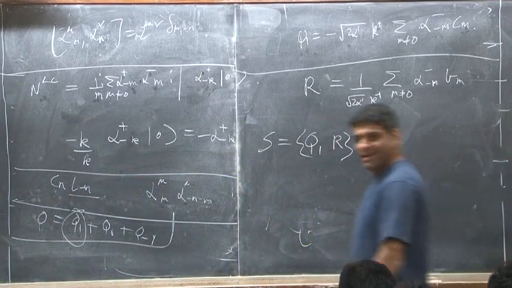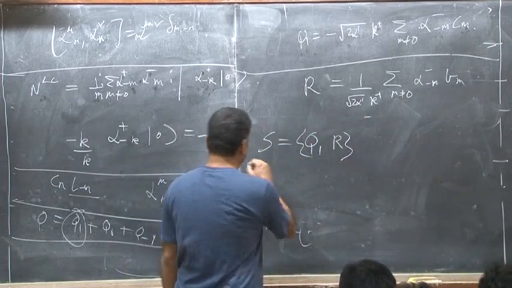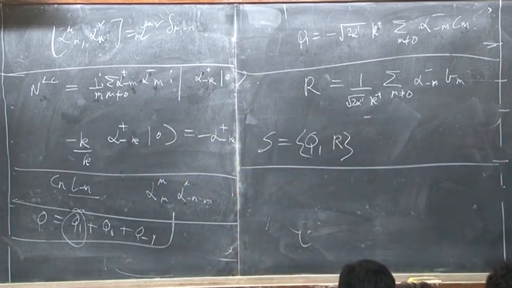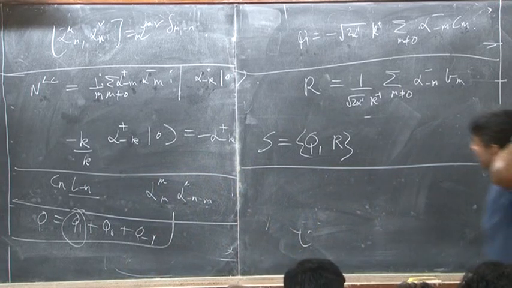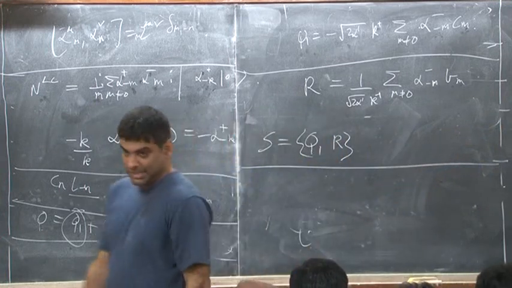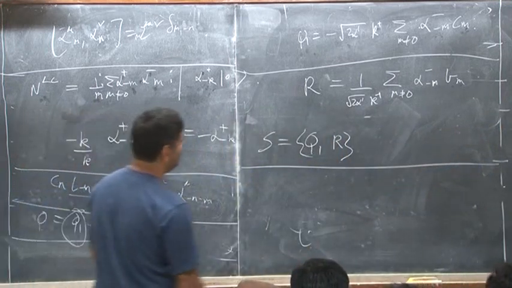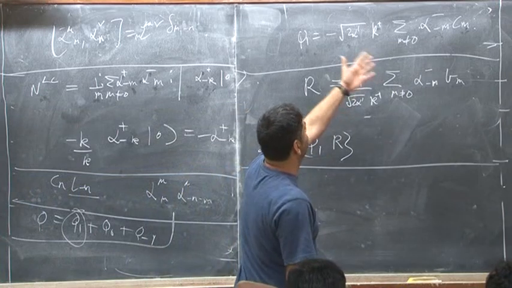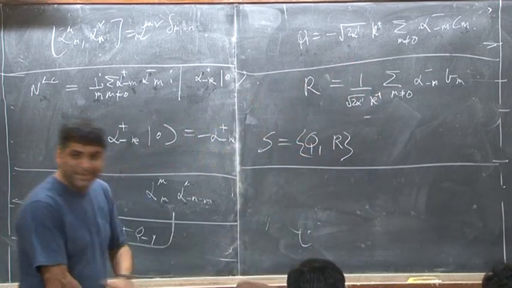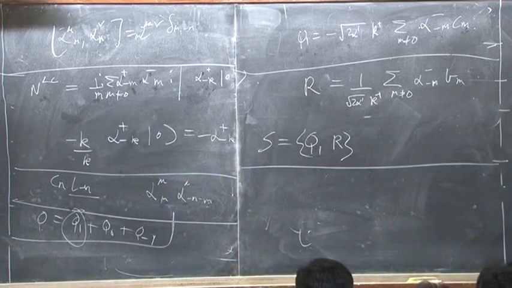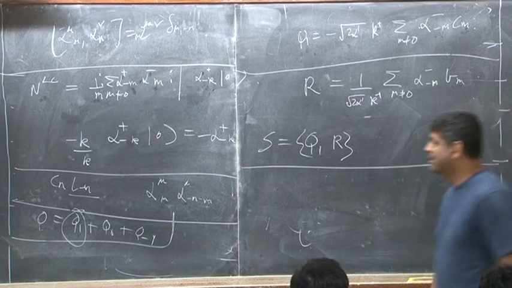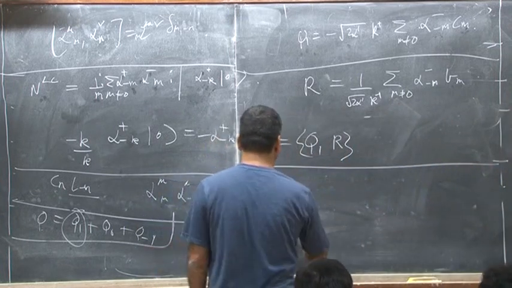Okay. Fine. So S is this. And now we can just compute what S is, because we've got an explicit expression. I'm going to give you a result, and then we'll see if we find it plausible.